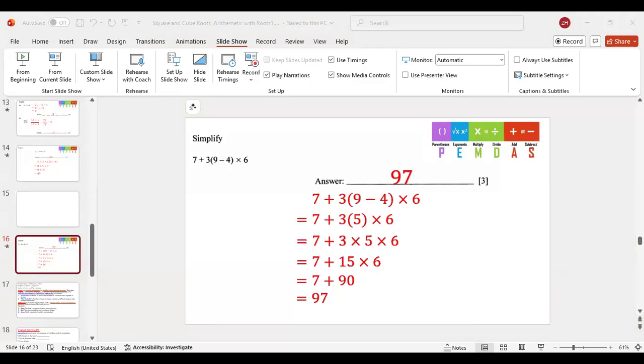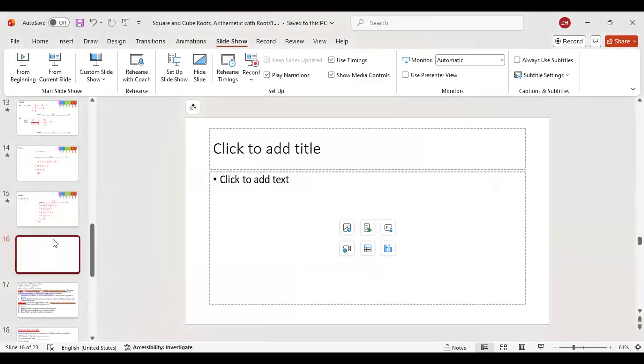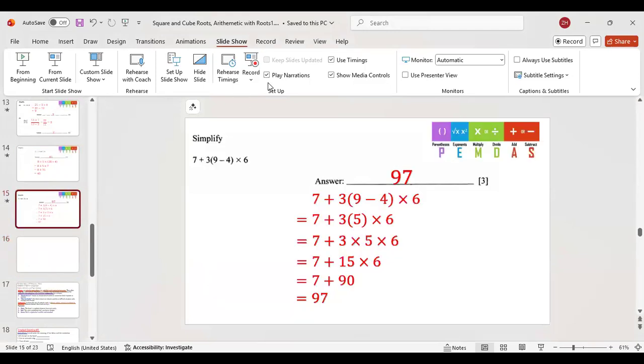So we have this one here. Okay, good. Remember, this one is 97, so take a picture of that and send it to me via WhatsApp, please. Let's do another one.